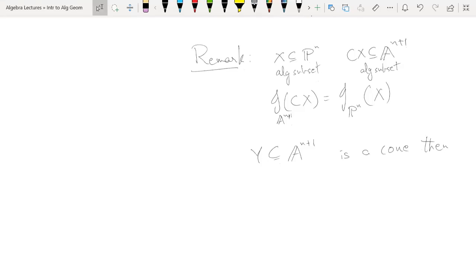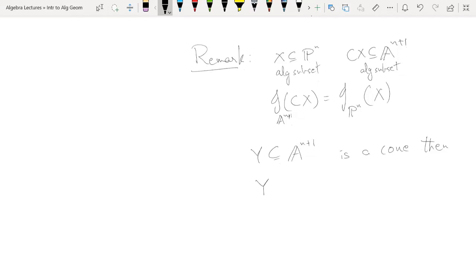So how do you show Y is given by a homogeneous ideal? You take any point on Y different from the origin. Then of course the whole line is there.